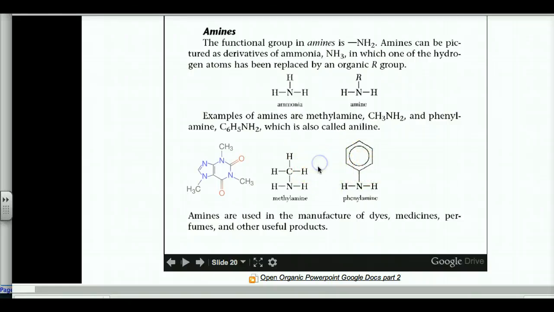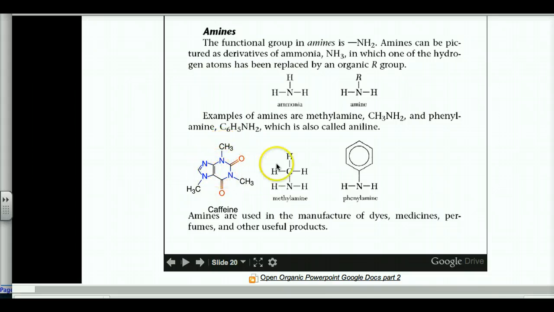Many uses for amines, but the more notorious uses you hear about, I wouldn't say it's the important use, are the drugs, amphetamines. So these are stimulants. This is probably the most used amphetamine in the world. If you don't know what this is, caffeine. Notice the N is attached to other carbons.